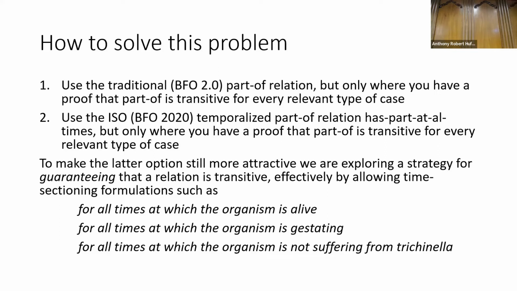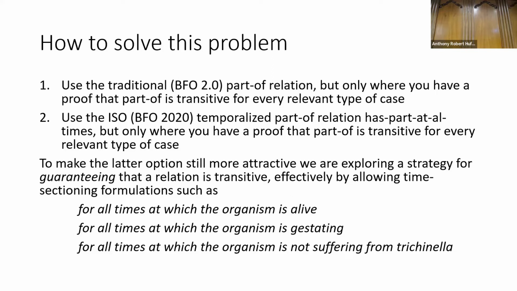And that's what I'm going to talk about down here, because that is what I think will work. So you have two alternatives. One alternative is you keep on doing what you're doing now, but you use part of for continuants only in those cases where you have checked very carefully, ideally proven, that there is no transitivity problem. In other words, the transitivity always holds. If transitivity always holds, you can keep on using part of in the way that you've always used it.